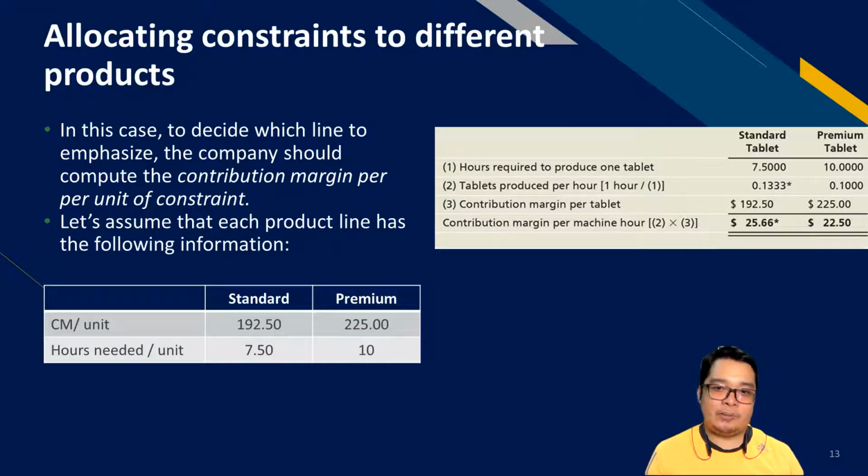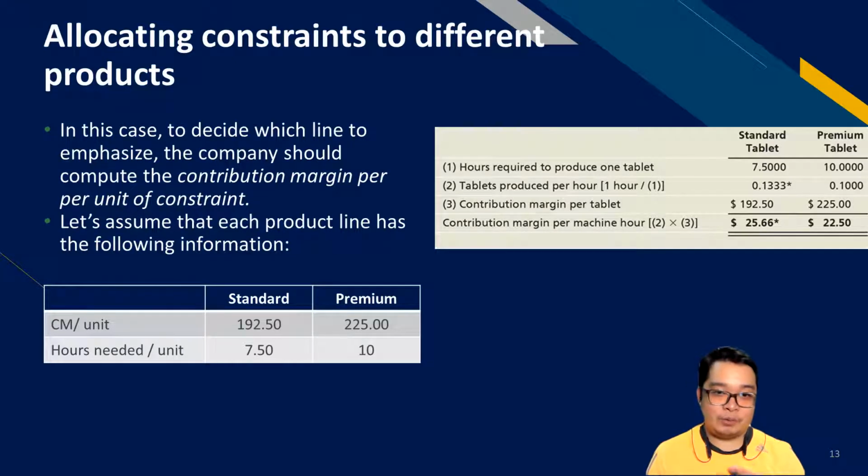You can produce 0.133 tablets per hour. That's what you can produce. For the premium tablet, that's 0.1 tablet per hour.